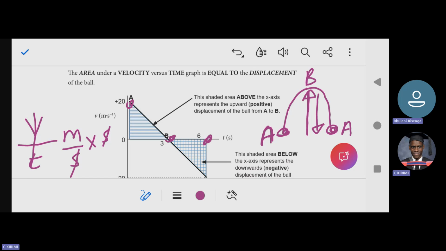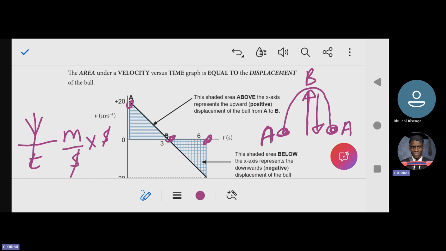If you don't use Pythagoras' theorem, the only way to calculate the distance from A to B is using that theorem. I'm saying that if I use the area, which is 1/2 base times the height, and then I multiply my answer by 2, I could get the total distance covered by the ball.